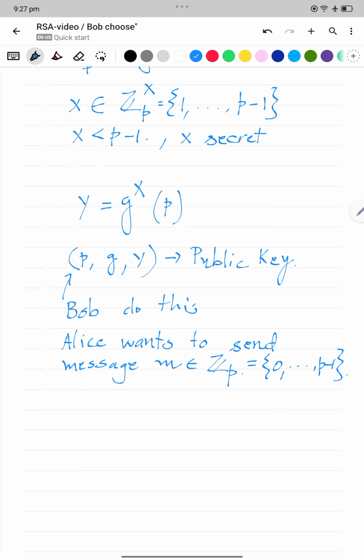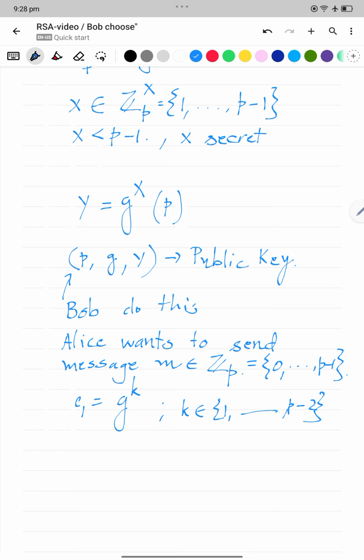Good. So what she will do is the following. She will construct two ciphertexts. C1 is going to be G power K, where K is randomly chosen by her. I cannot use Y, I have already used it. So let's say she chooses a random number K in 1, 2, 3 up to P minus 2, sorry.